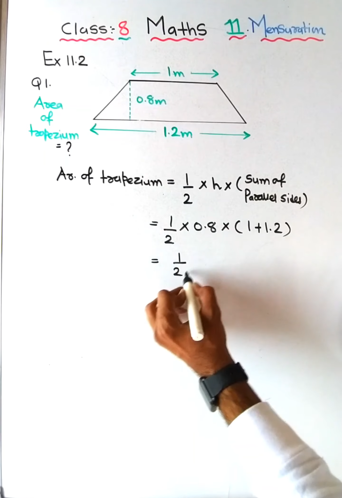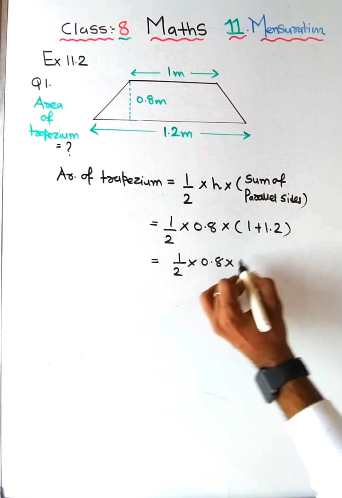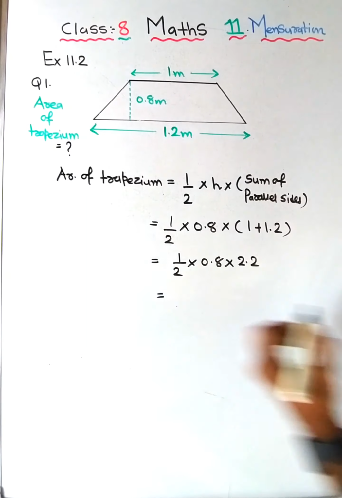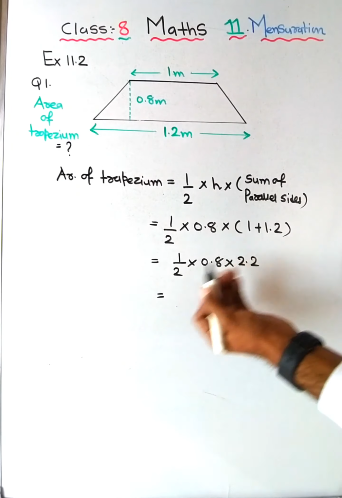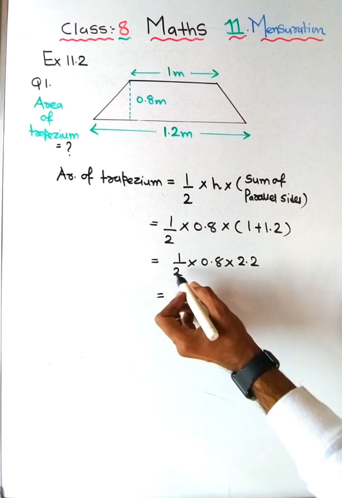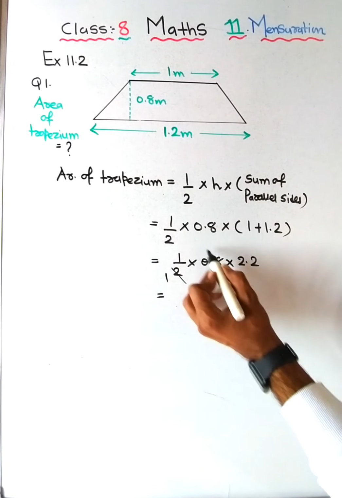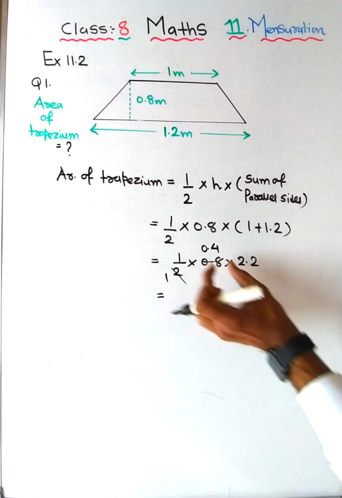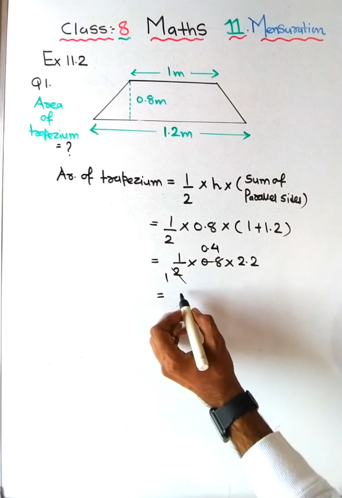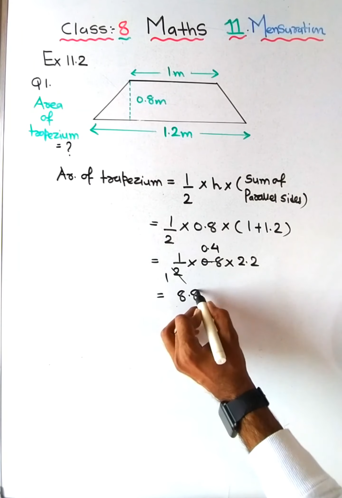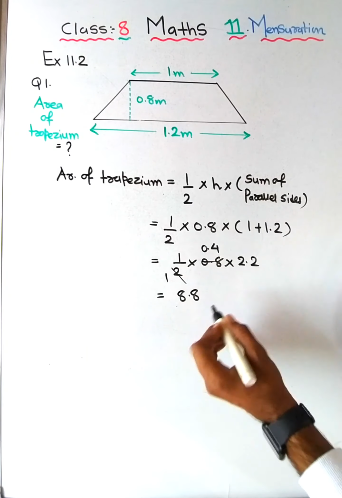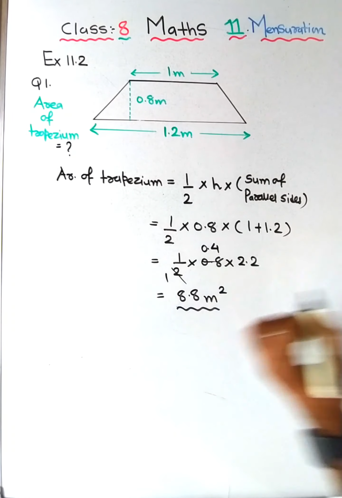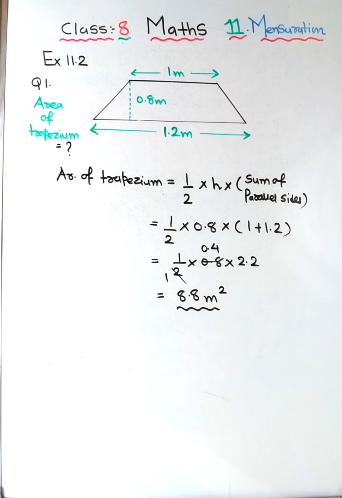So that will give us 1/2 into 0.8 into 1 plus 1.2, which is 2.2. If you cancel 2 and 0.8, it will become 0.4. So that will be 2.2 into 0.4, and if you do it properly, you will get the answer 8.8. Note that we are finding area and the unit is meter, so our final answer will be 8.8 meter square.